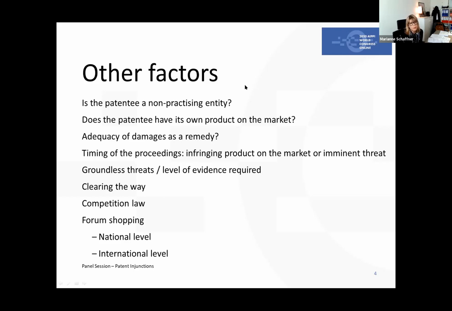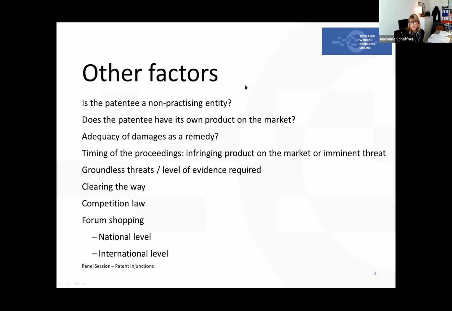Then with respect to NPEs, or whether the patented product is on the market or not, exploitation of the patent is not a requirement under French law, which was the case in the past, I would say 30 years ago.